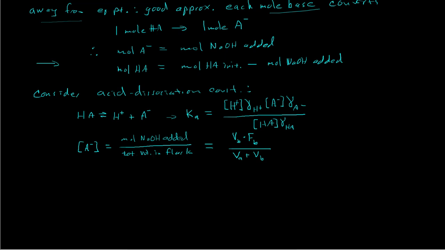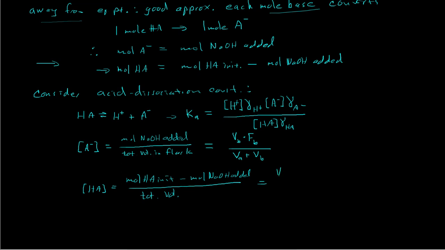All right, so what about HA? We can also use this conclusion right here that tells us the moles of HA is equal to the moles of HA initially minus the moles of sodium hydroxide added, again divided by the total volume because it's moles divided by liters. So how many moles initially did we have of the acid?